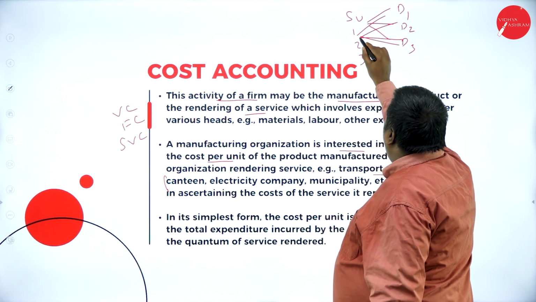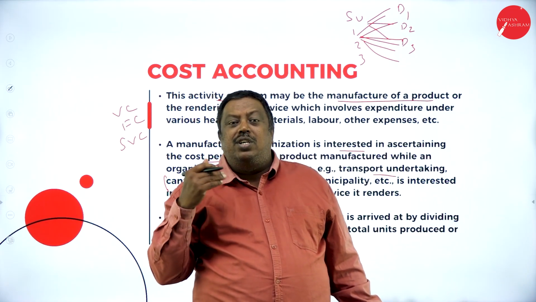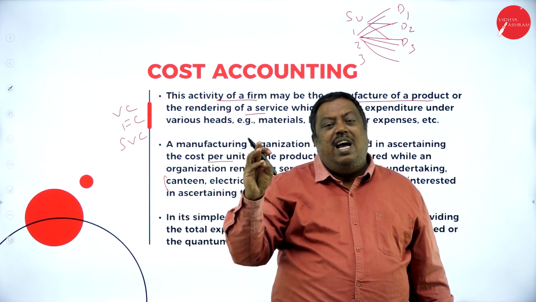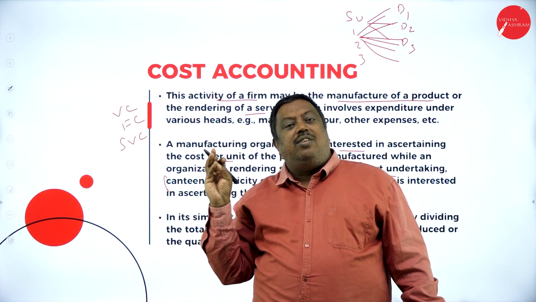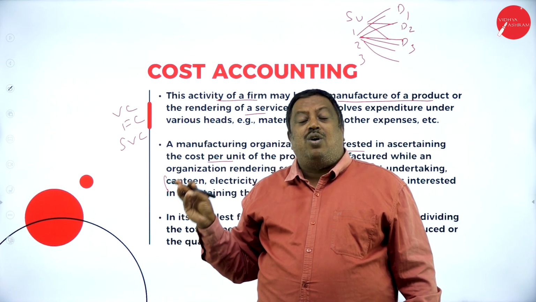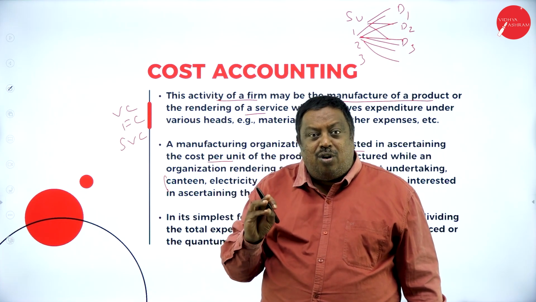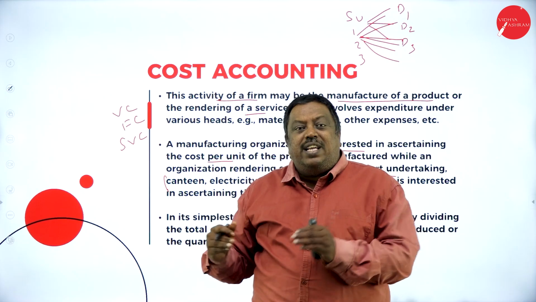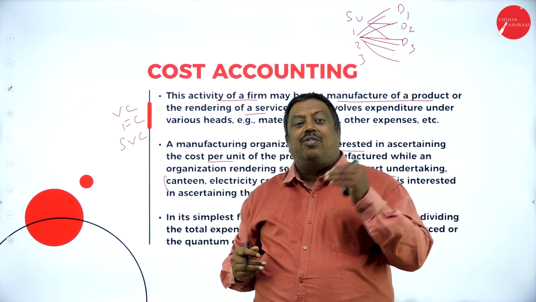Based on that, you check the transportation time incurred and the fuel charges, the wages to be paid to the driver and cleaner, and the cost of the vehicle, the depreciation cost and the maintenance cost. Everything will be taken into consideration. Then the rate is fixed for the service being rendered.